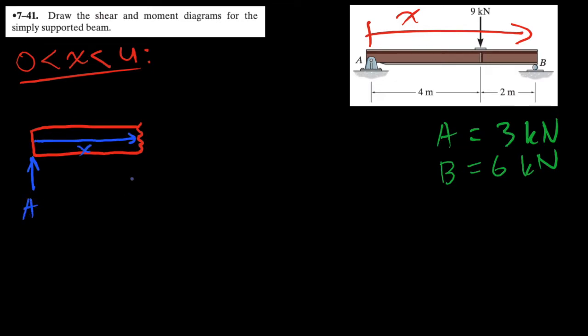And this is A. We know that we are considering x from 0 to 4, which means that before we can get to this force here, again, x does not get to 4. Before we can get to this force, the sectioning is over. Then we will consider another interval. But right now, we are looking at x is 0 to 4. The only force that applies during the duration of this x is force A, vector A here.